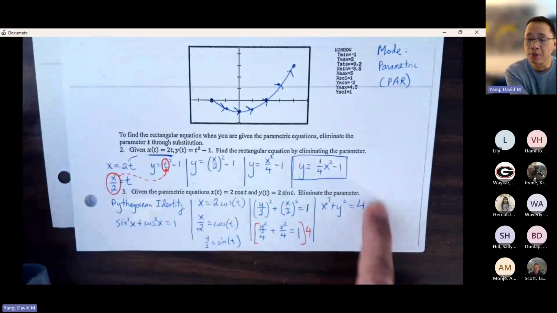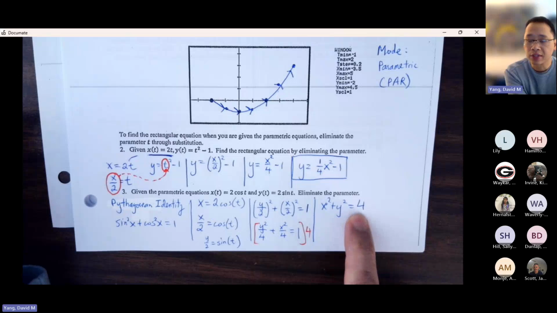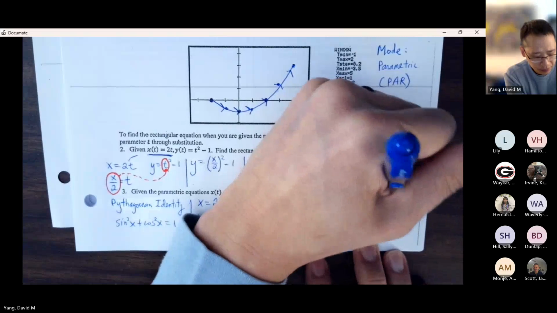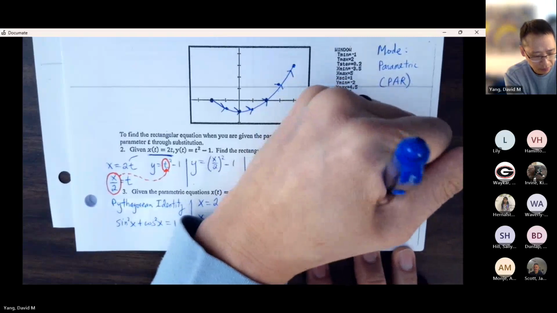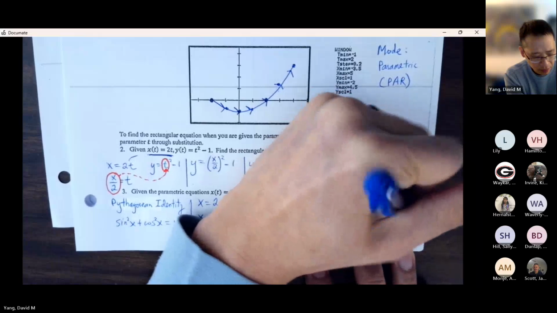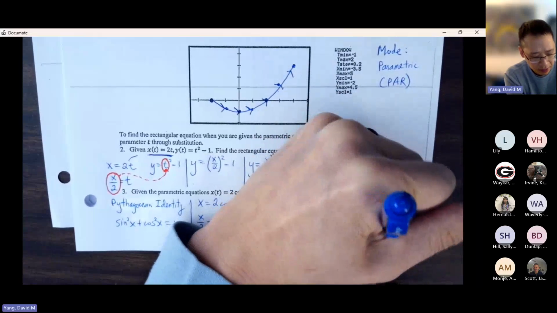So this should be more familiar to us. This is a circle equation with the center at 0, 0, and a radius of 2. So a graph that looks something like this.